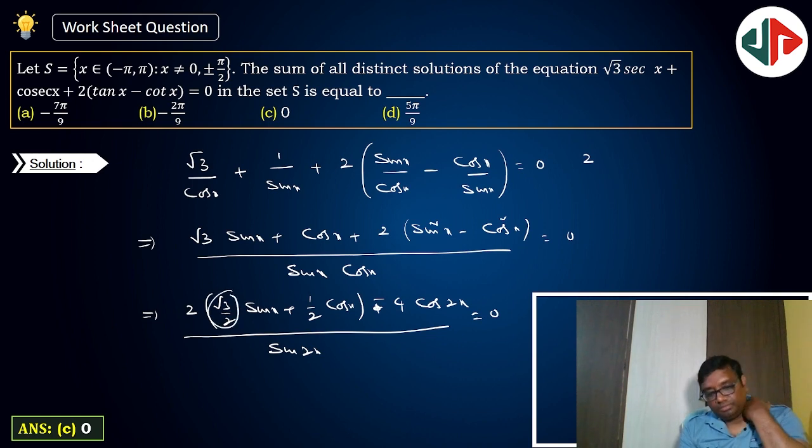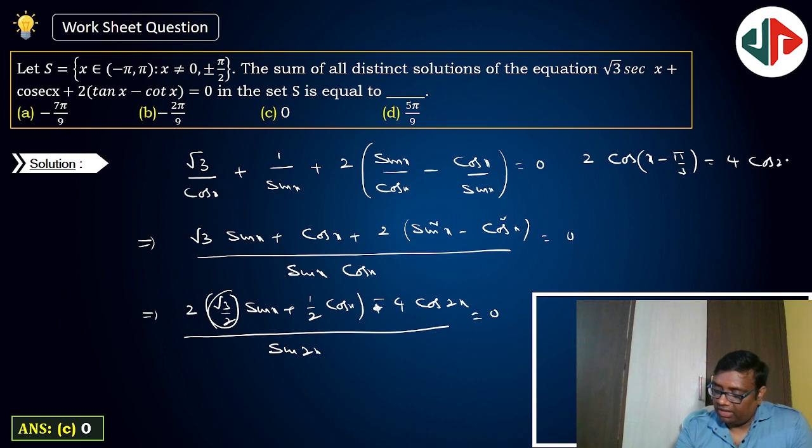Cos 30 only, no? Cos 30 value. So it becomes cos of x minus pi by 3 is equal to 4 times cos 2x value.